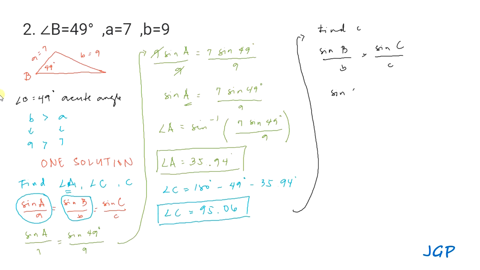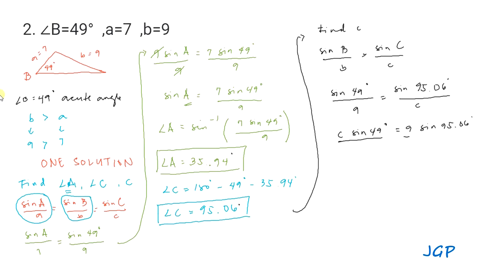Our angle B is 49 degrees over, ang B natin is 9 is equal to, we don't know yet what is the value. We know already the value for angle C, and that is 95.06 degrees. May degrees po yan, ha? And that is over your side C.